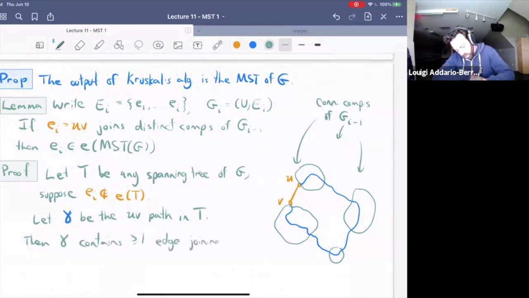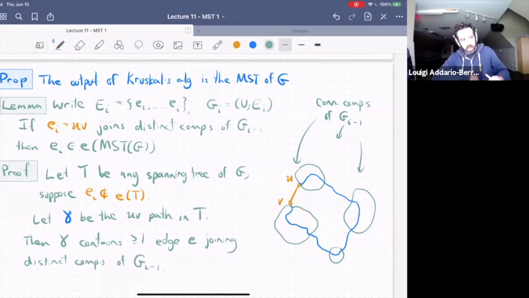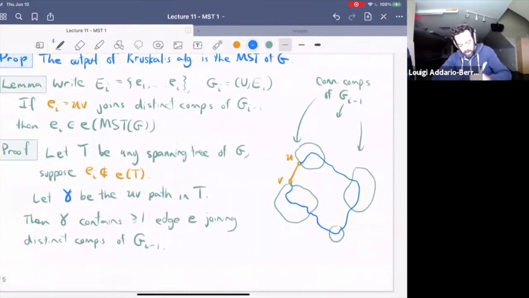joining distinct, let me call it E, components of GI minus 1, right? And so it can't be the edge EI, because we said that EI was not an edge of T, right?